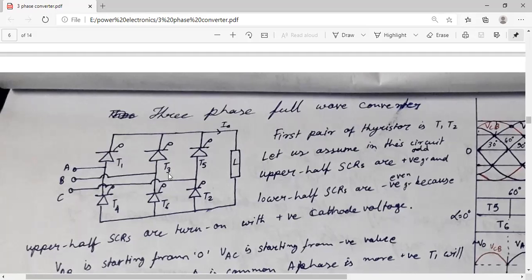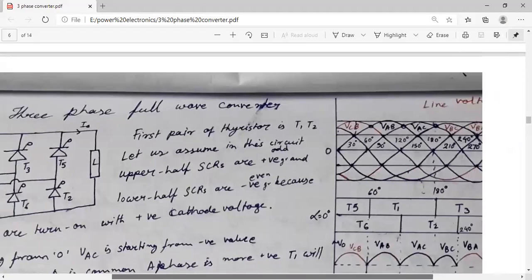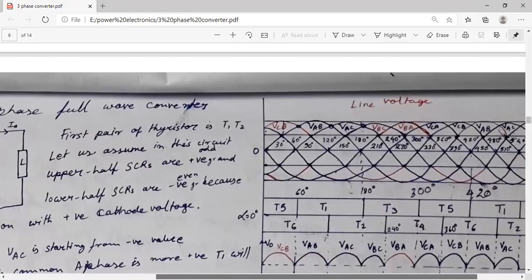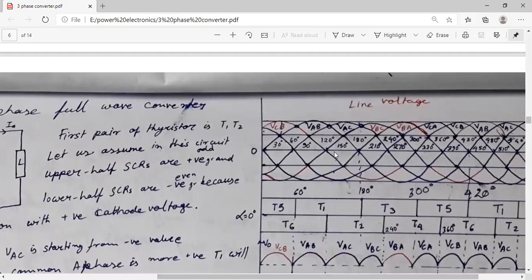Okay. So VAB means this one, that is T1, T3 will be connected. So in this diagram, VAB, this portion is coming from 60 degree. VAB is starting from 60 degree. VCB, here you can see it is starting from 0, but it is not touching the 0 axis.